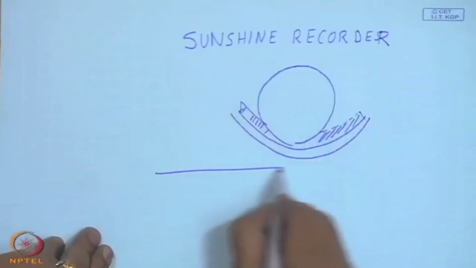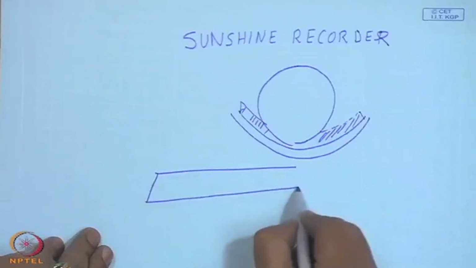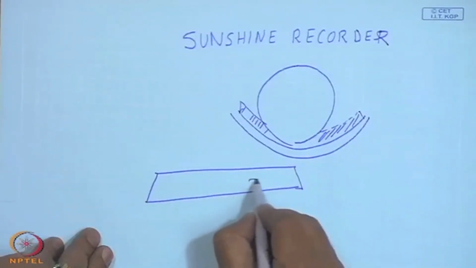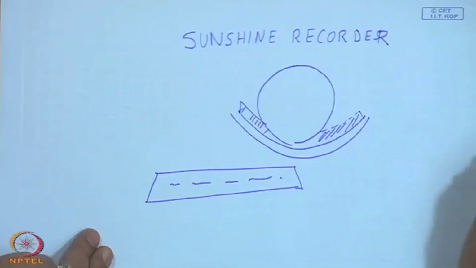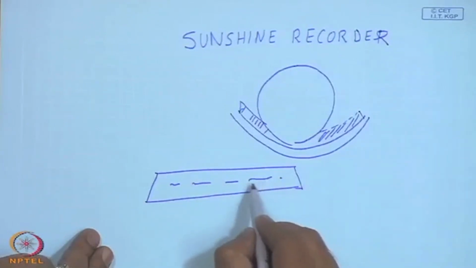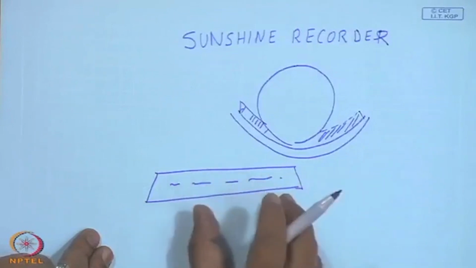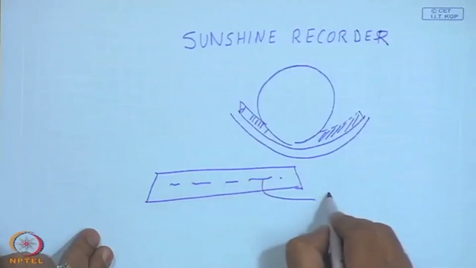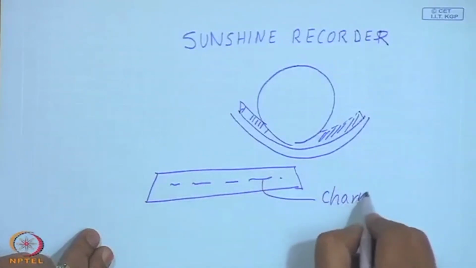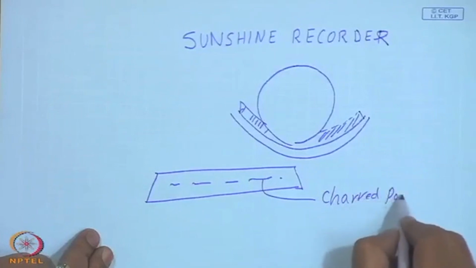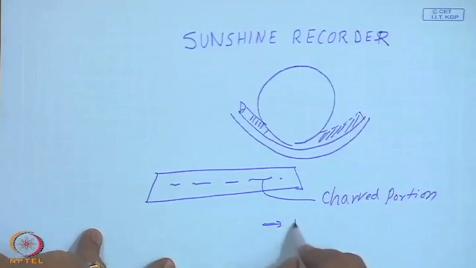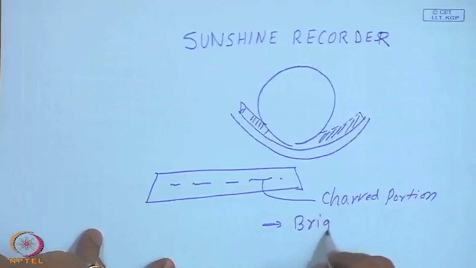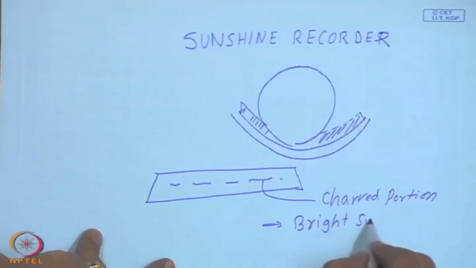So, if you look at that particular strip, you will find, depending upon the time of the day and the intensity, the charring will be of varying length, that means it is bright sunshine.